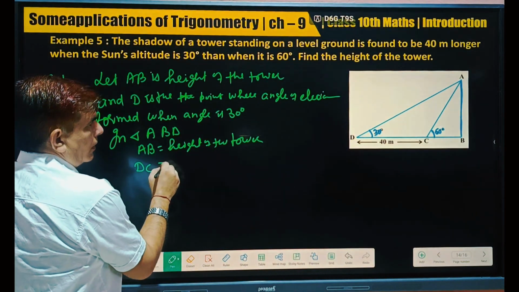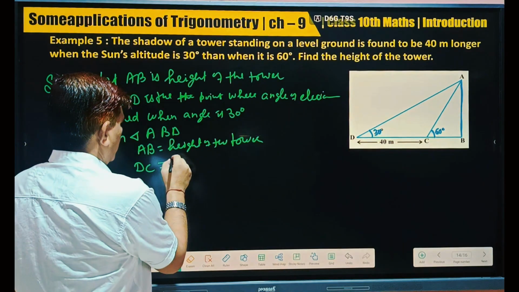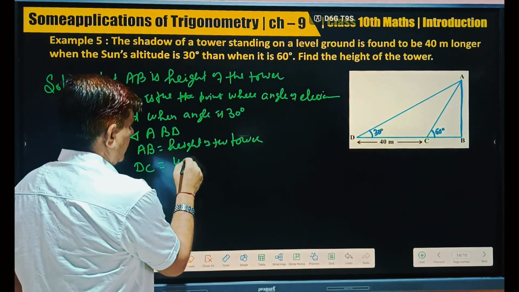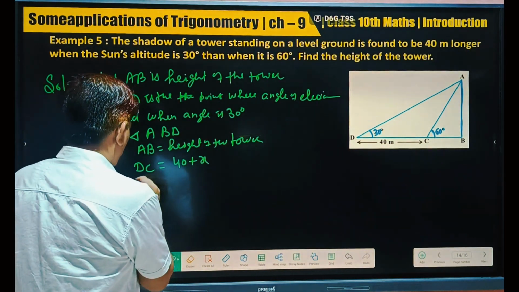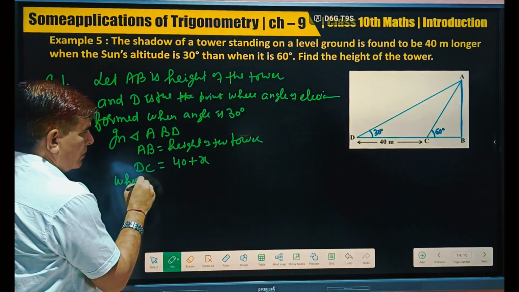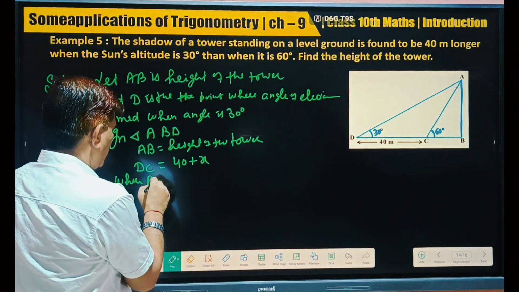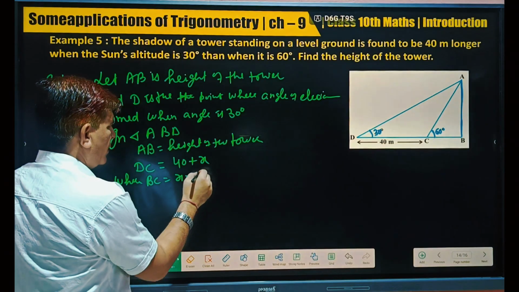DC, what's DC? We can say DC is 40 plus x, and here DC equals x meters.